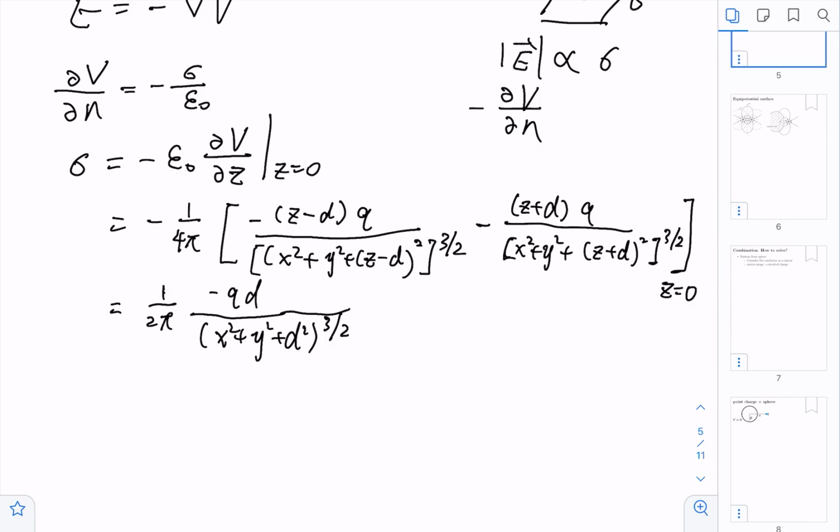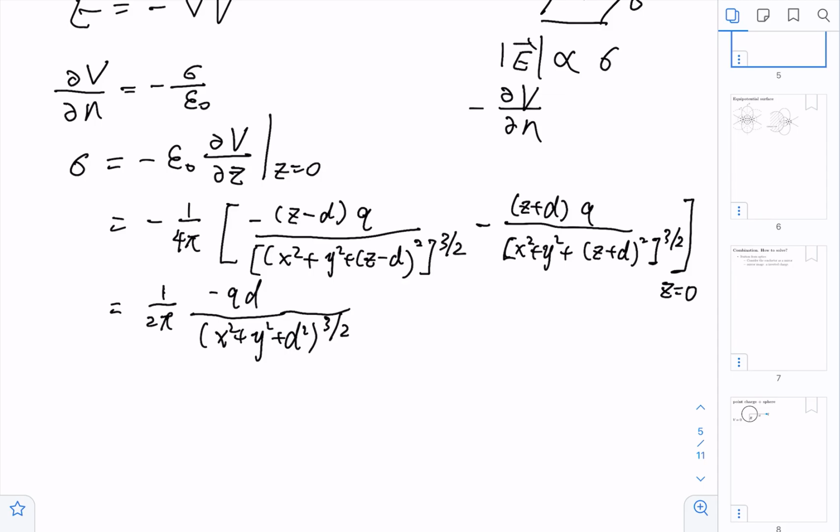Now if we look at this expression, we see that, remember, this is the surface charge density, and you can see as x goes to 0 and y goes to 0, this function takes an extreme value, and it's the most negative because there is a minus sign here, and that is somehow correct according to our intuition, right?